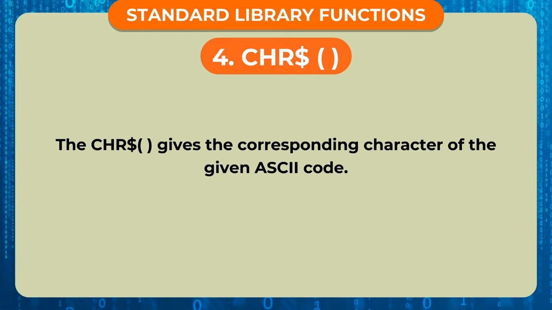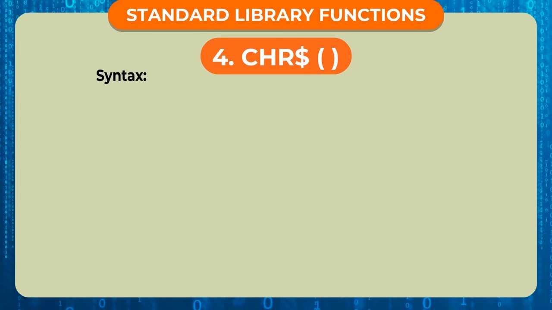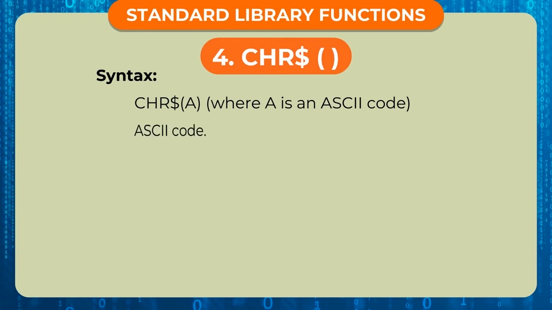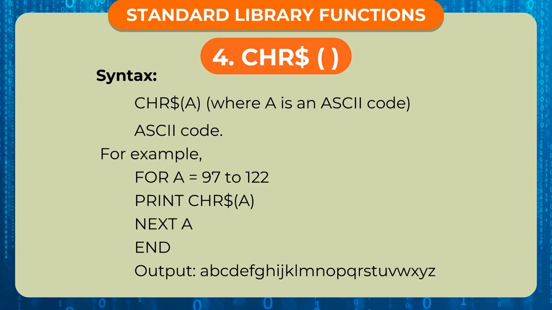CHR$ function. The CHR$ function gives the corresponding character of the given ASCII code. Syntax. CHR$(A), where A is an ASCII code. The output will be the corresponding character of the ASCII code.